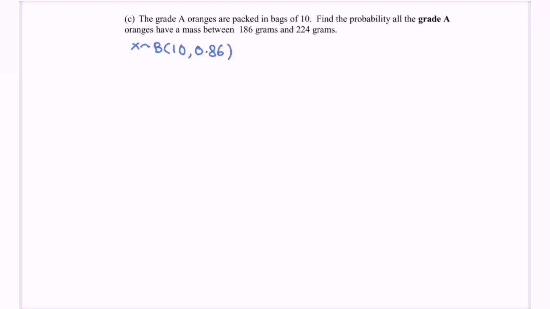The grade A oranges are packed in a bag of 10. Find the probability that all the grade A. So in here, the question will be probability that X equals 10. So in order to find that, make use of the formula. So 10C10, 0.86 to the power of 10, 0.14 to the power of 0. Refer to the calculator. Probability that X equals 10. The answer is 0.2213.